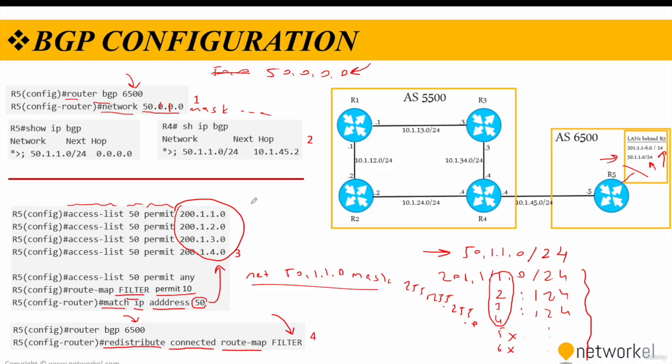So all this configuration you are seeing in here will help me to advertise the 1, 2, 3 and 4 networks. 201.1.10, 20, 30 and 40 will be advertised by router 5. I'm not going to advertise these 50 and 60 subnets.